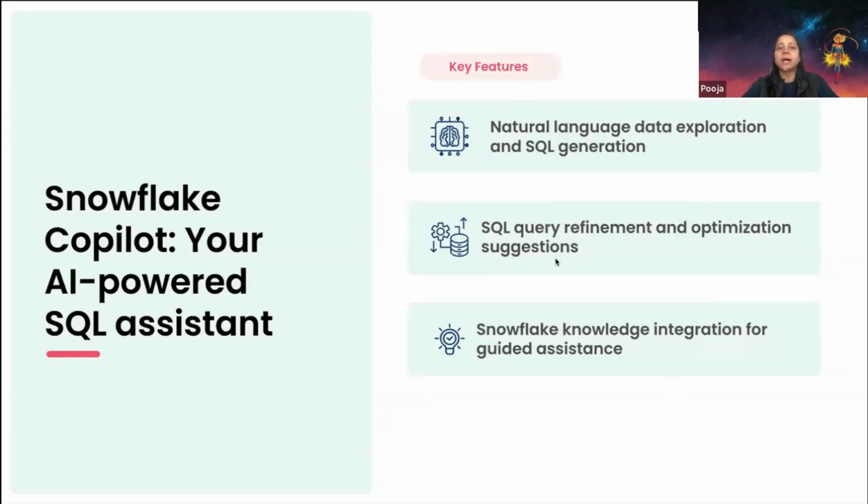Let's say you have a bunch of tables, but you don't know how you can use them in a better way to run any kind of LLM or what kind of questions to ask. In that case, you can start asking questions like, provide me insights on the data. It would read the metadata and share the details in terms of what this table holds and how you can use the data. So these are the key offerings or features of Copilot.